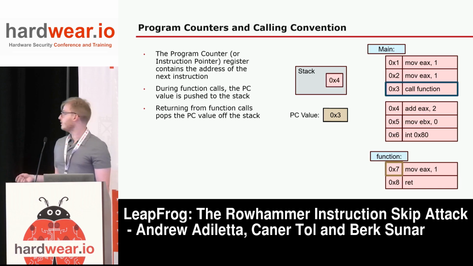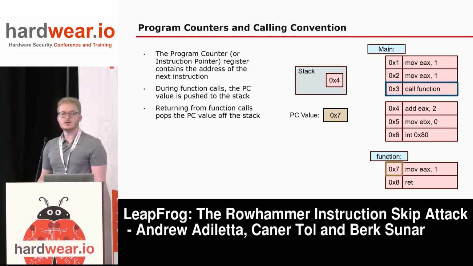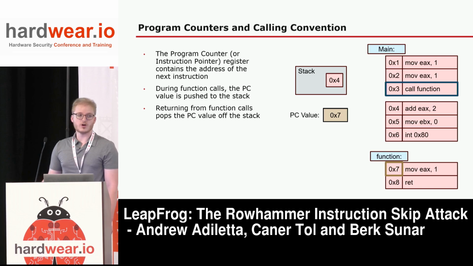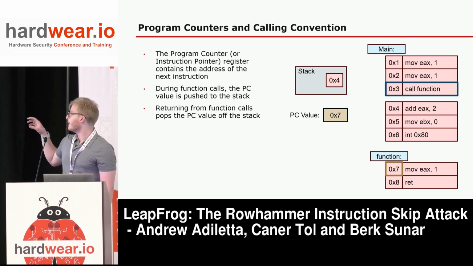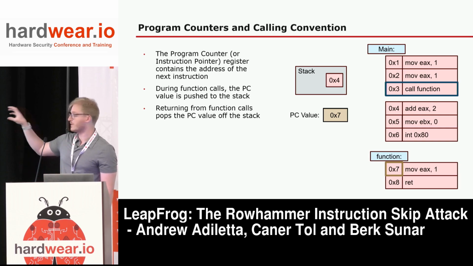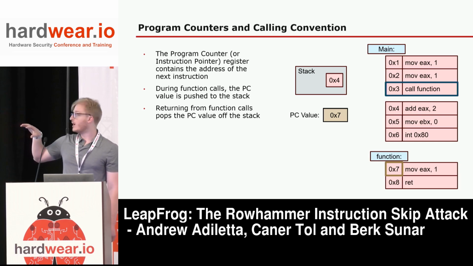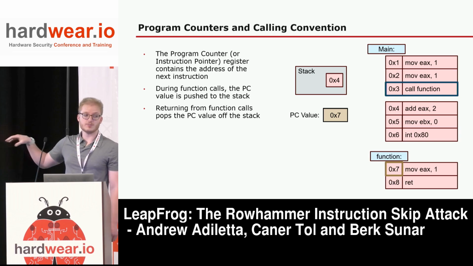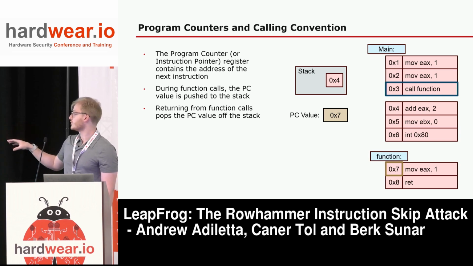And then during that call, and this is just standard calling convention, the place that the program is supposed to return to after the function gets pushed out to stack. So you can see that 4 value pushed out to stack. And that's stored in memory, as opposed to being stored in the program counter register.